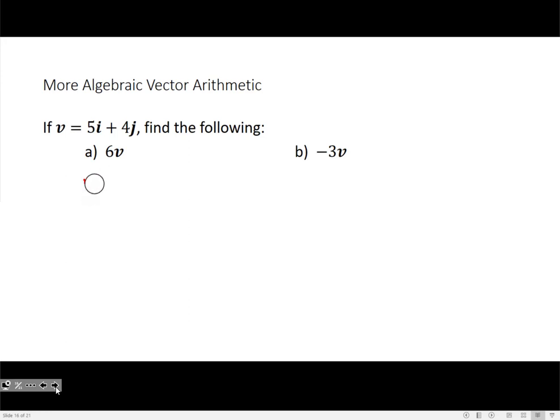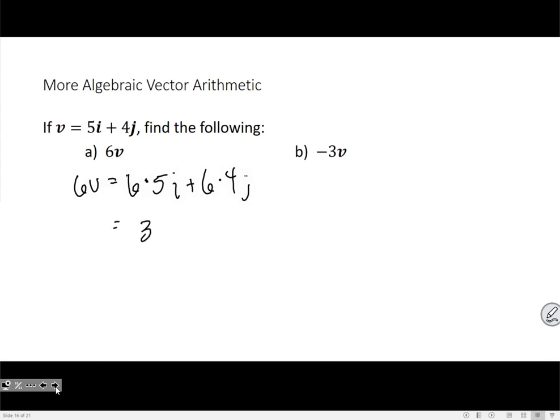then 6v is going to equal 6 times 5i plus 6 times 4j.